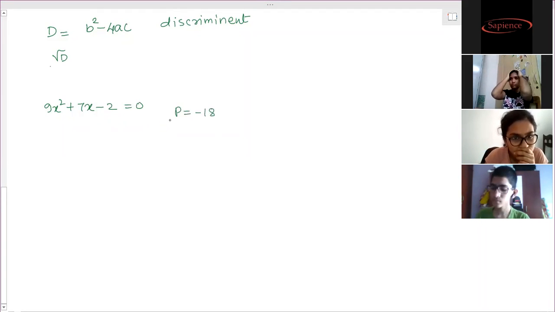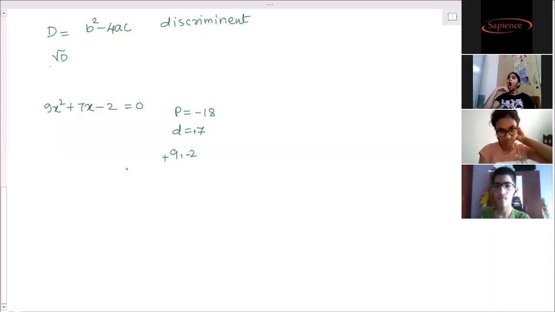So the product needed is minus 18, and the difference needed is plus 7. The two terms whose product is minus 18 and difference is 7 are 9 and 2. The larger number should have the middle term sign, that is plus, and the other is minus.